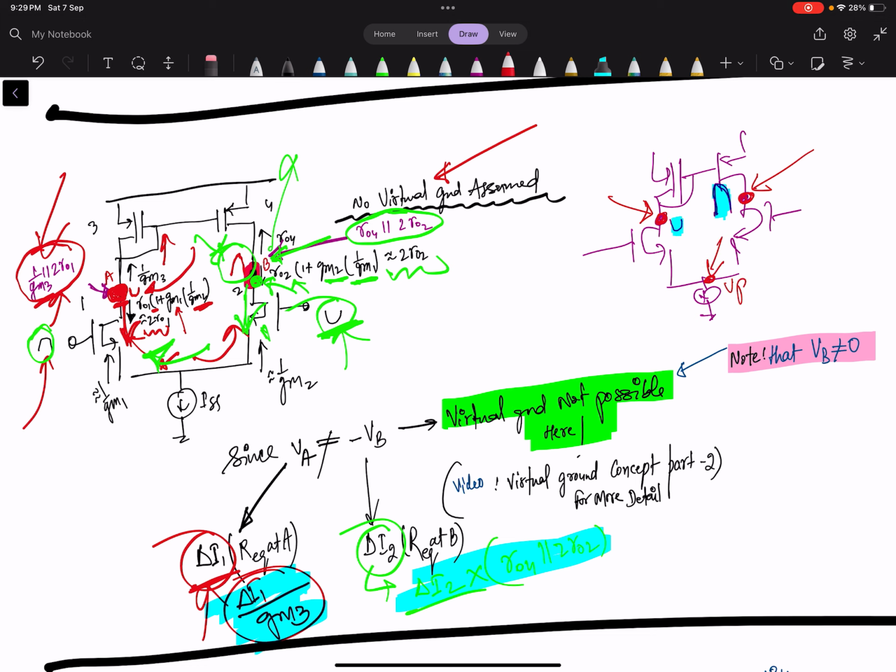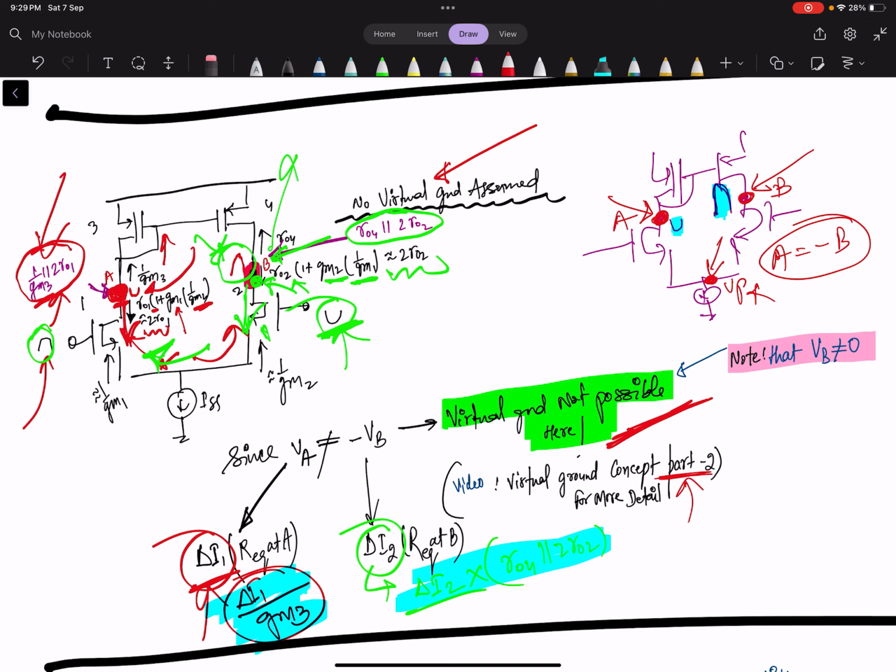If you want to know the concept of virtual ground, you can visit part 2, where I have explained everything about virtual ground. The important thing is that potentials A and B should be equal and opposite, and only then can we say that VP will be 0. But here the magnitudes are different, so we cannot apply the virtual ground concept here.